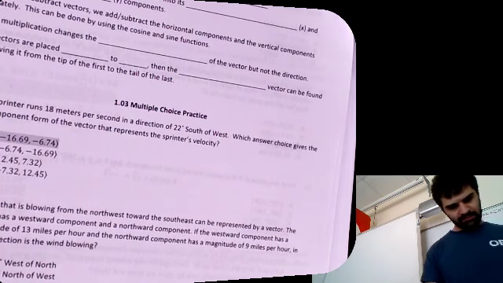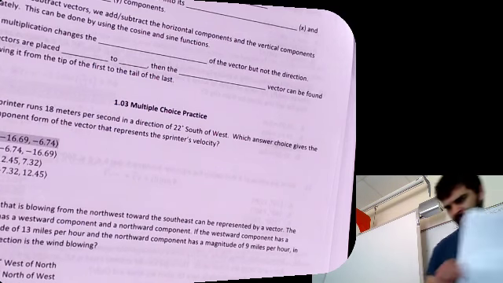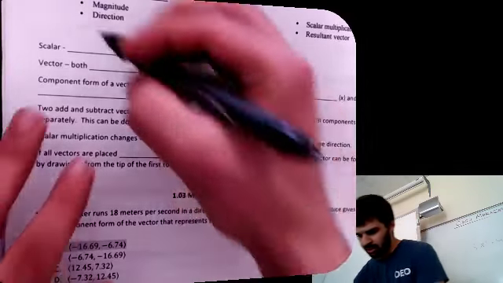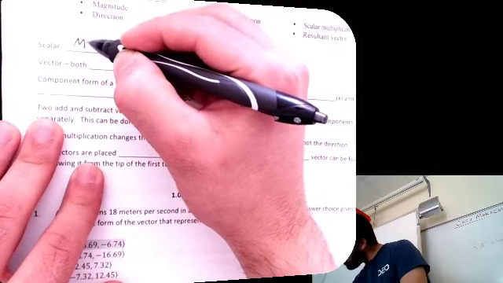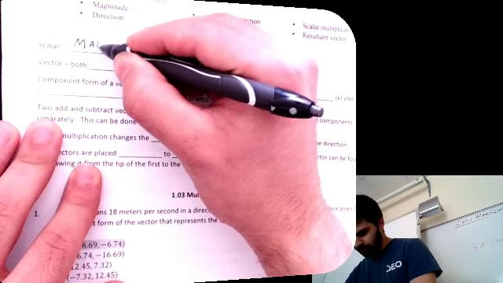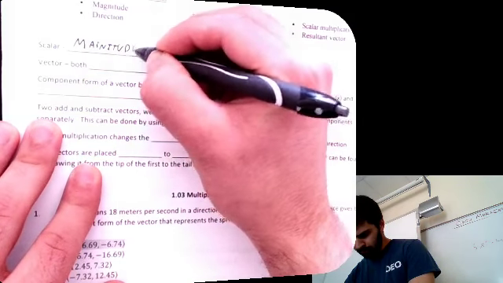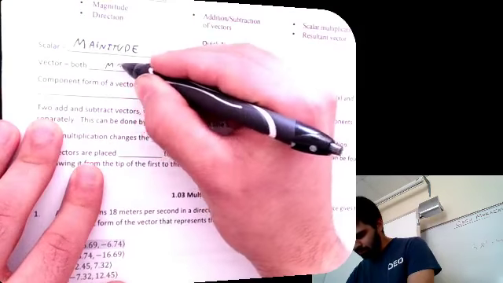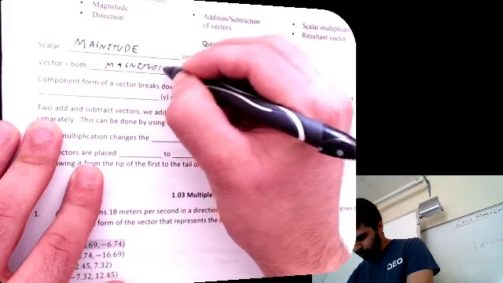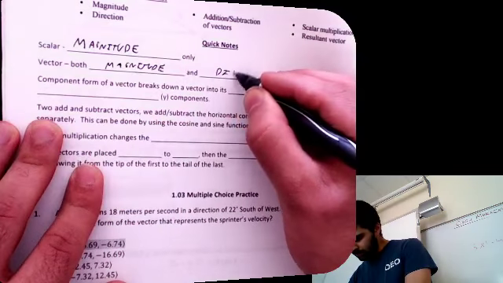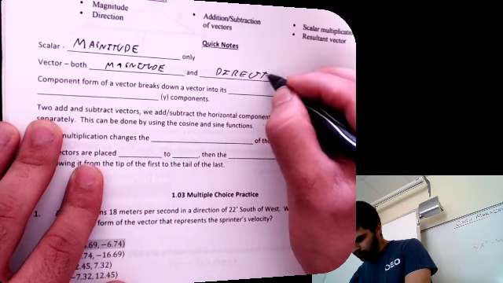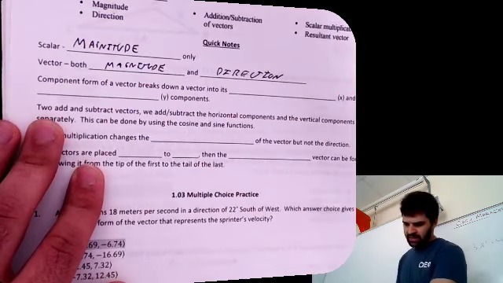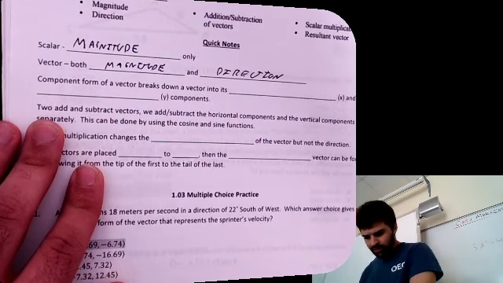Vectors. All right. Let's start with the quick notes. A scalar is just magnitude only. A vector is both magnitude and direction. Component form breaks it down into its horizontal and vertical components.